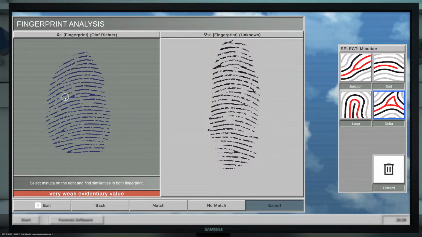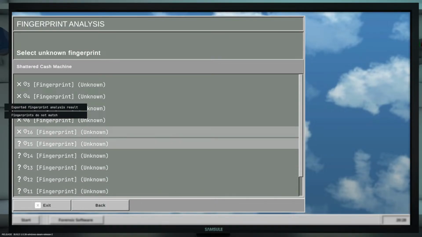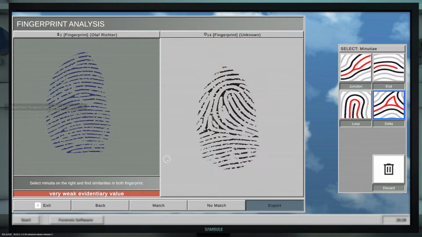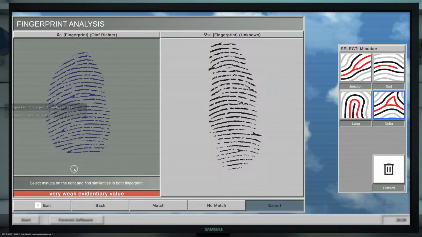He's got that double junction right here. It's not him. Interesting. Huh.